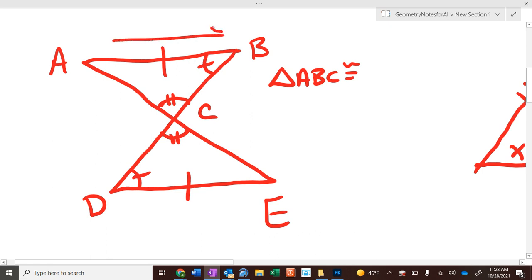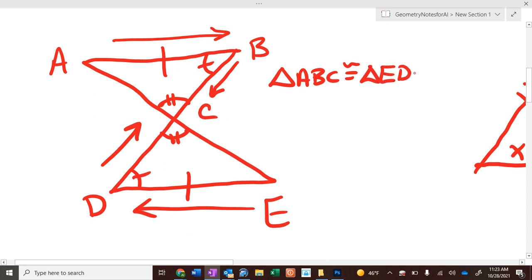I went across the 1 mark and then here between the 2 angles: E, D, C. Looking at the triangles, I know 2 angles and a side that's not in between them in each. So that's angle, angle, side. Out of the 5 on the board, the only one that fits is angle, angle, side.